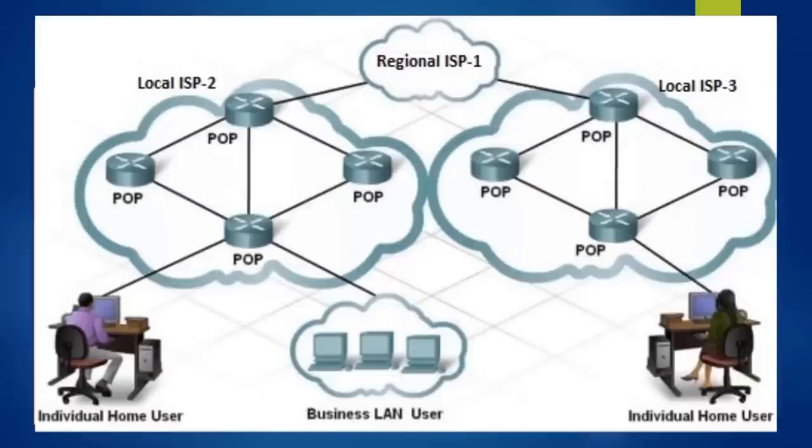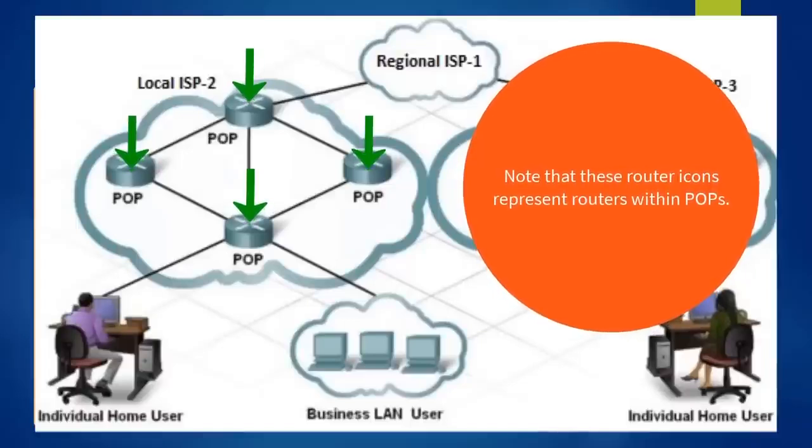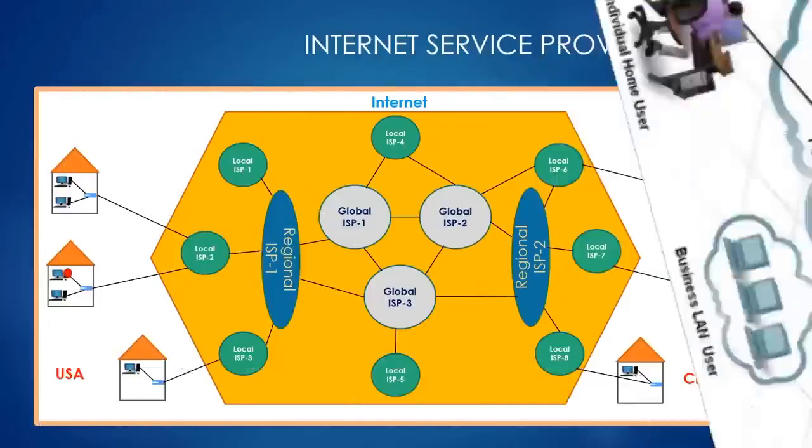You catch the idea. And if you want to do more detailed studies on this topic, you will see many resources on the internet with router icons. You should be aware that these icons actually represent the router within the POP. There are many POPs distributed all over the world, and routers are in these POPs. It's that simple.